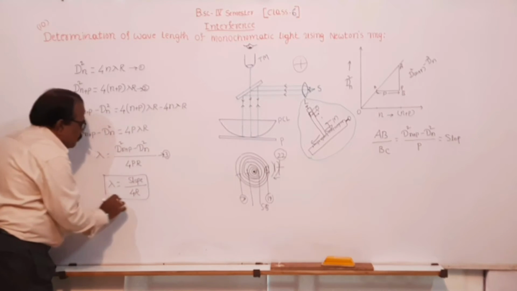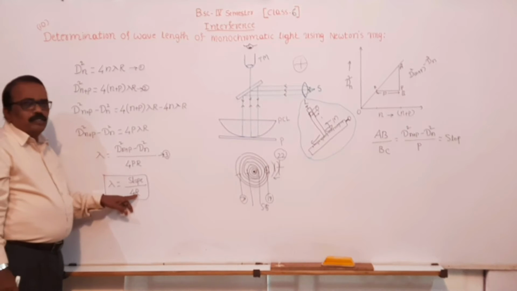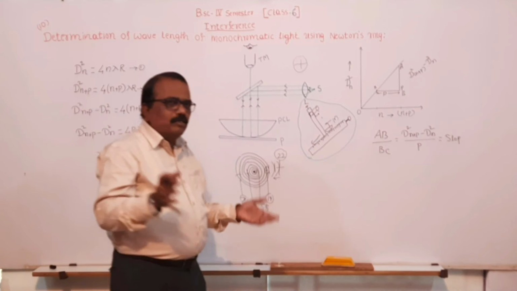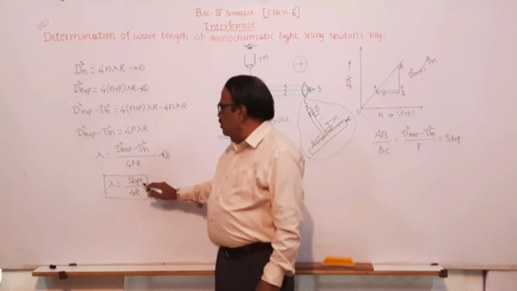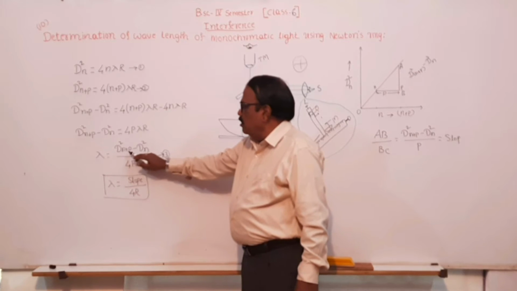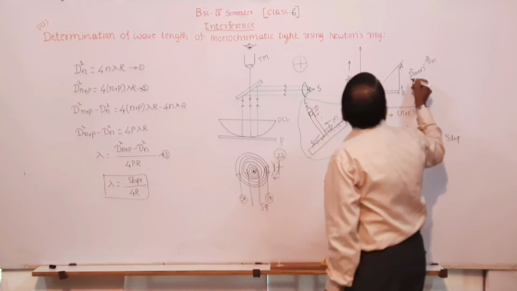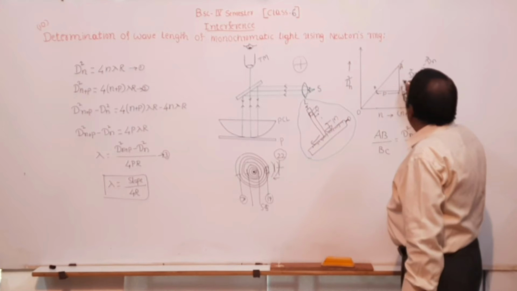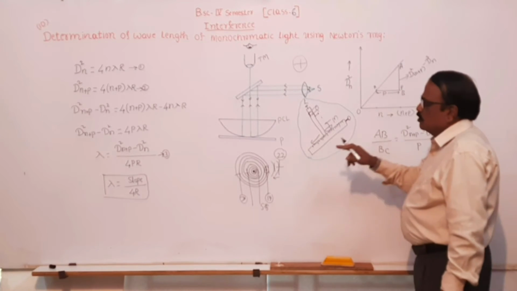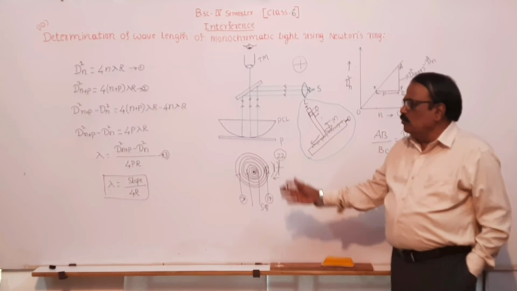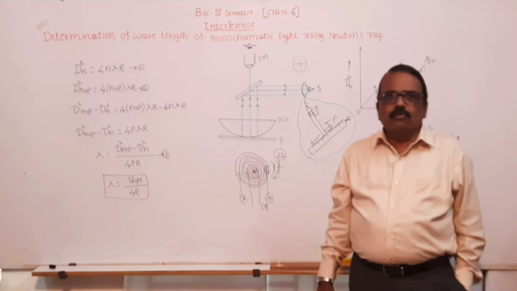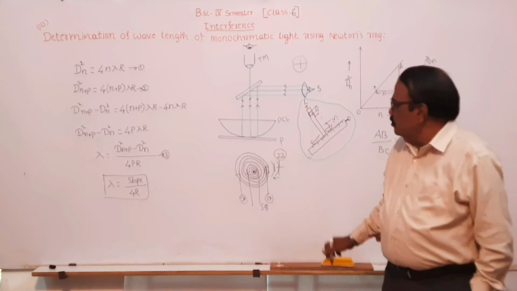Using this equation, you know the radius of curvature is given, it is large, about 100 centimeter, and you are getting this p and D(n plus p) squared minus D n squared. So this is AB and this is p. If you substitute, you are going to find out the wavelength of the monochromatic source.